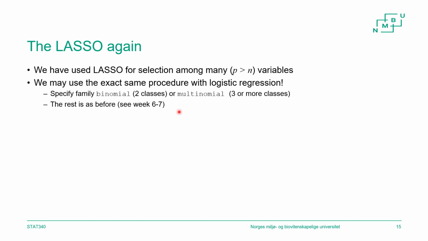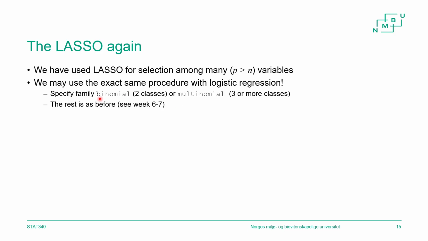And we may use exactly the same procedure with the logistic regression, because the function in R that we used for running lasso was from an R package called glmnet, if you remember. And it lies in the name, glmnet, that this can handle also GLMs, generalized linear models.